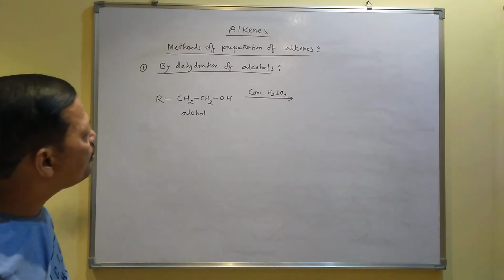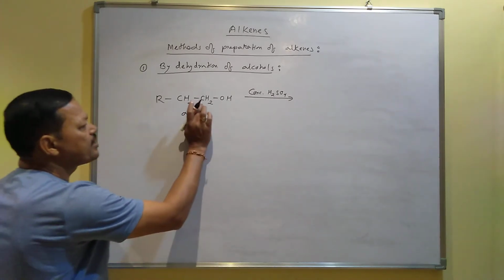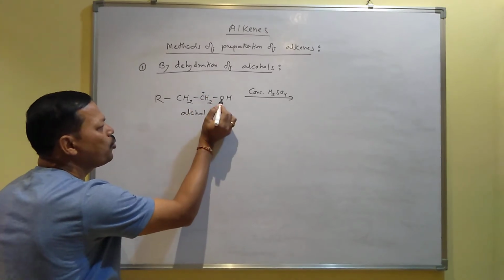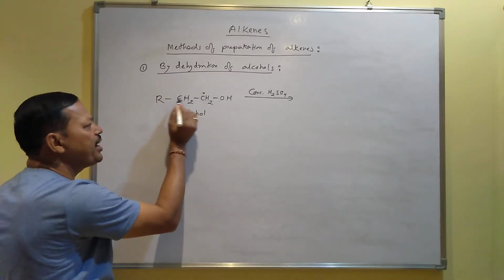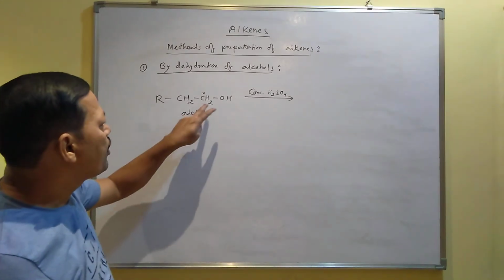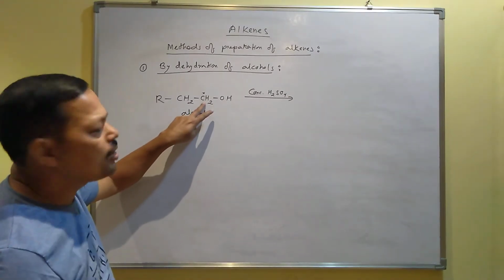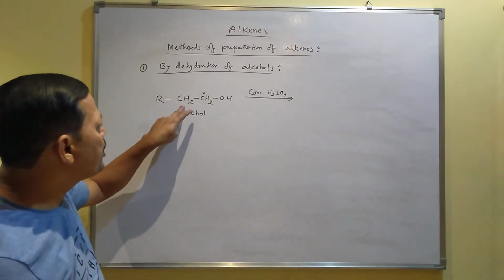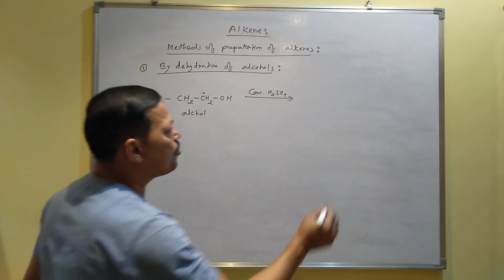And how is the water molecule removed from this? Since this carbon contains the OH functional group, from this carbon the OH will be released, and from the next carbon one hydrogen will be released. That hydrogen and this OH will combine to form water.